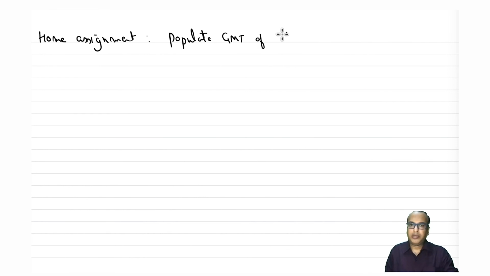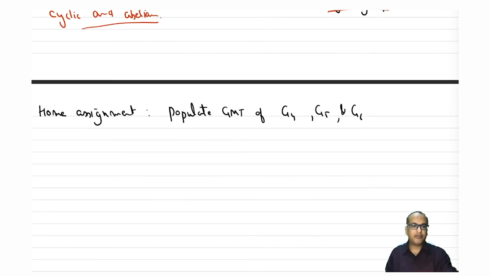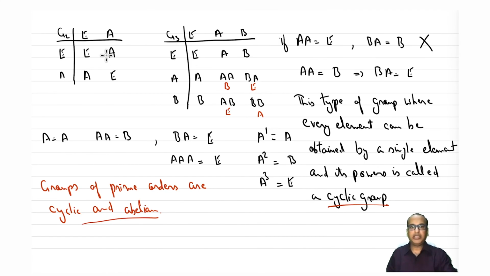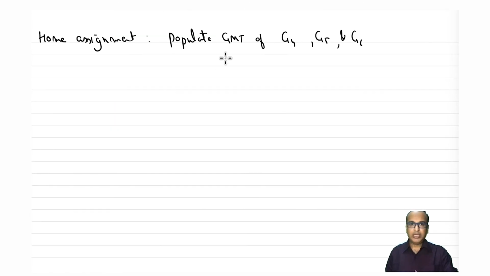But before going, let us take some home assignment. Populate the GMT of G4, G5 and G6. For example, in the case of G2 and G3 we have seen that there is only one way of filling the group multiplication table.